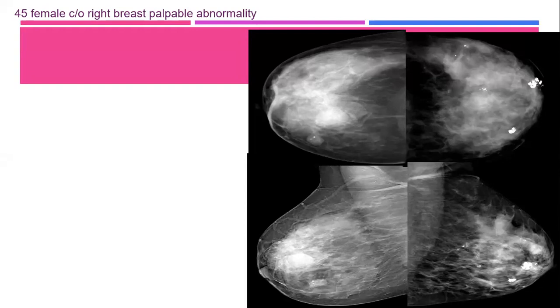You see, she has bilateral, multiple, some calcified, some non-calcified lesions. So expected, okay, to be bilateral, multiple fibroadenomas.